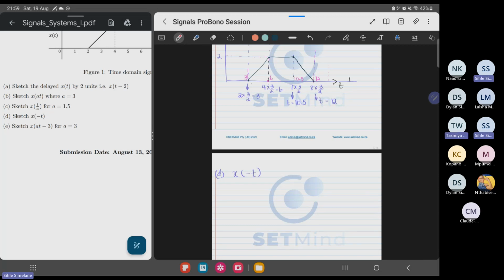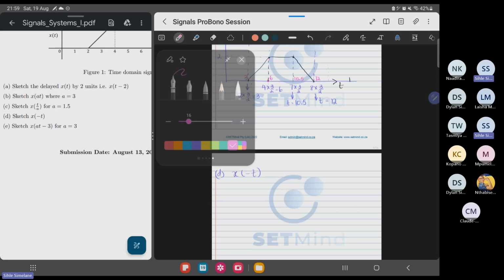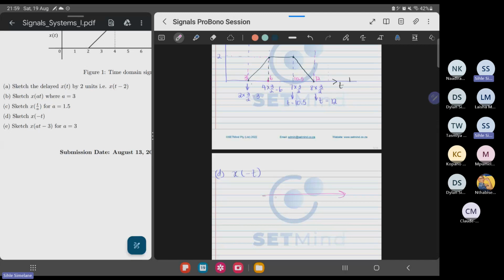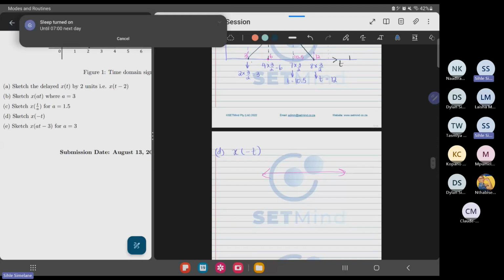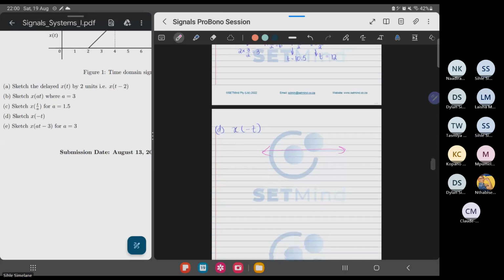Let me get something right. So is this compression or is it expansion? Should be expansion. Okay, great.